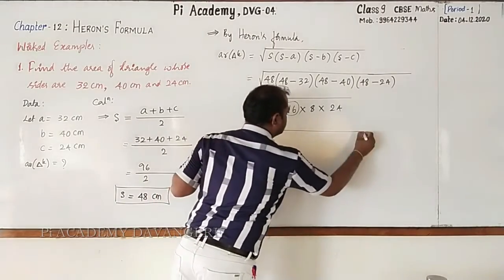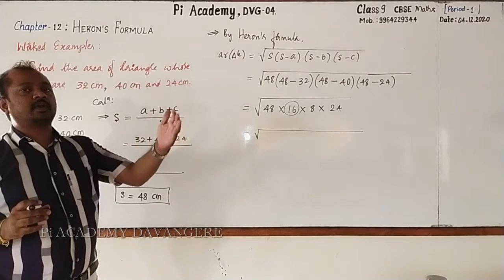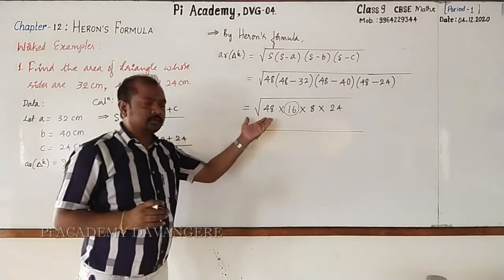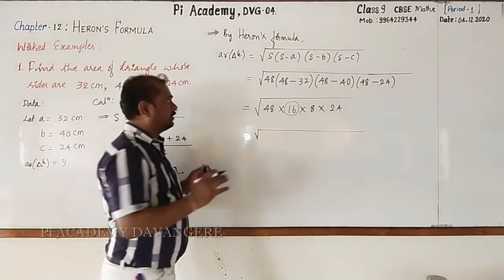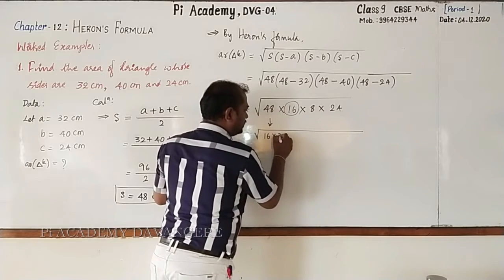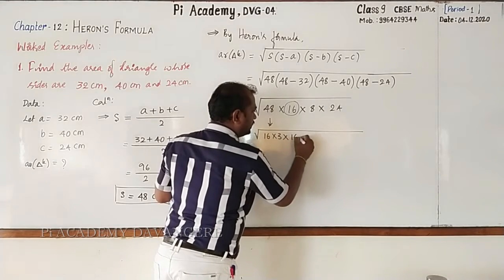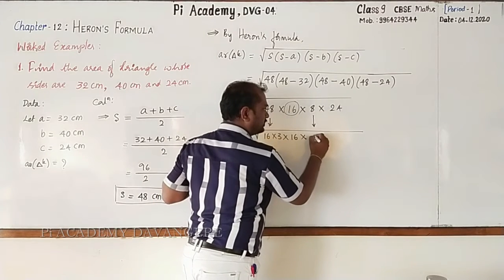Whereas 48 can be written as the product of a perfect square and other number, yes, could you tell? Very good, it is 16 into 3. Followed here on right, 48 as 16 into 3. Next 16 as it is. Next 8 is there.